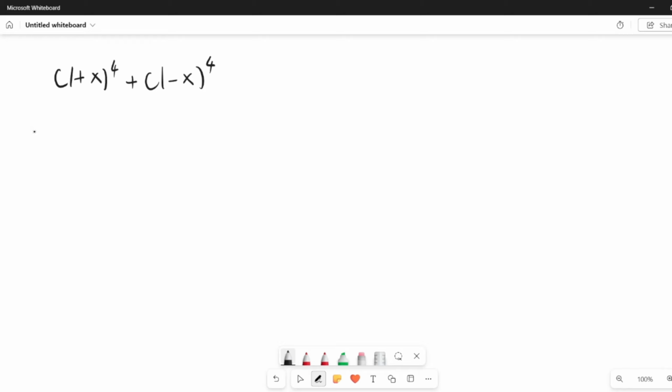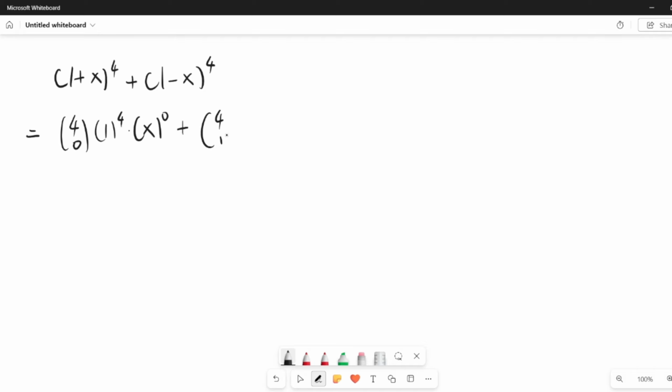Now, from the previous question, I know you know how to do the first part of the calculation, which is (1 plus x) to the power of 4, according to the rule of binomial expansion. Basically, you apply this rule. So 1 to the power of 4 times x to the power of 0, right?